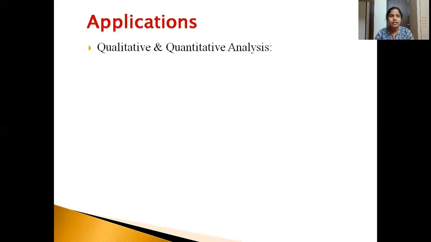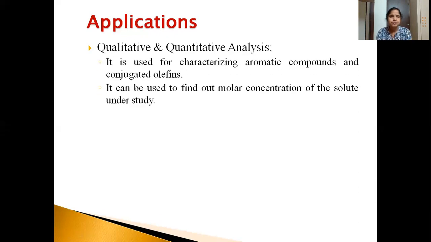A is absorbance, epsilon is the molar absorptivity coefficient, C is the concentration of the solution and L is the path length. By substituting the values in this formula, we can calculate the quantitative amount present in the given compound.